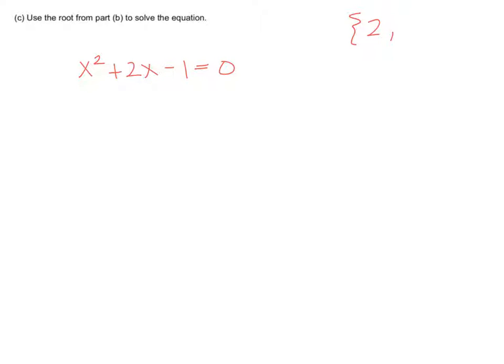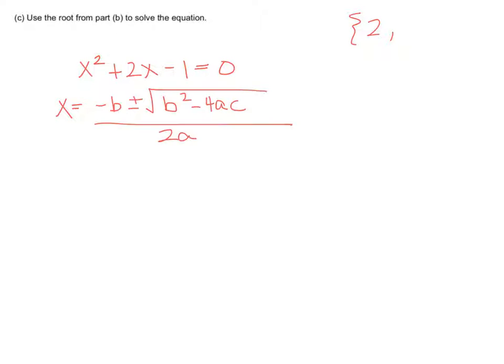Now this quadratic cannot be factored into two sets of binomials. So in order to solve for x, we're going to use the quadratic formula. I have the quadratic formula written on the screen, so I'm just going to plug in my numbers for a, b, and c and solve.